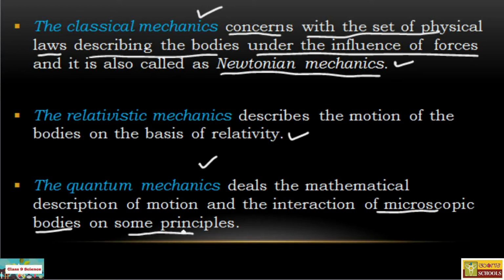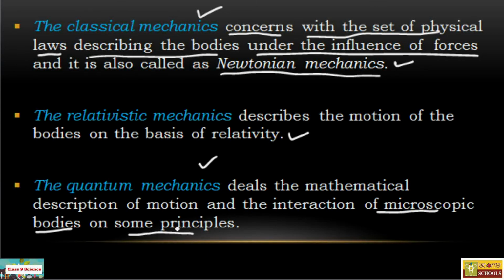It explains the microscopic action of bodies, or you may call them particles. So for speeds comparable to the speed of light we require relativistic mechanics. If the lengths are very much less than the nanometer scale, we need quantum mechanics.